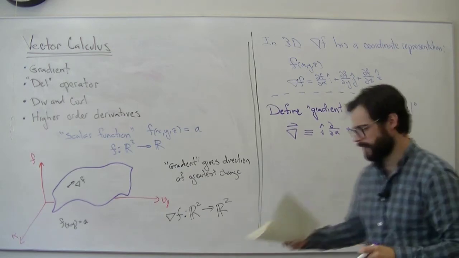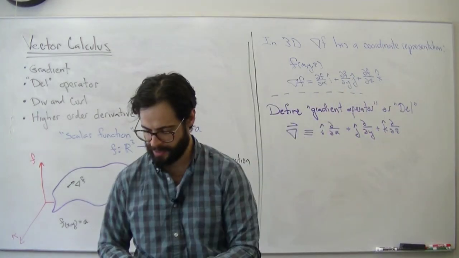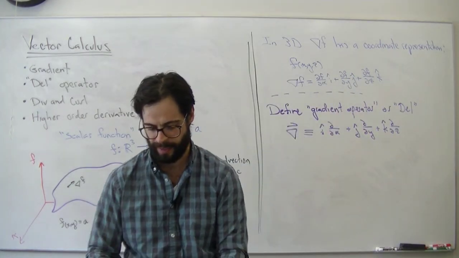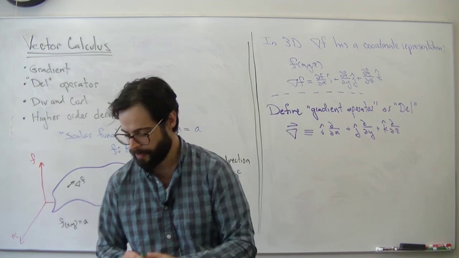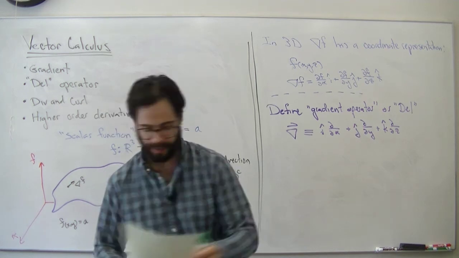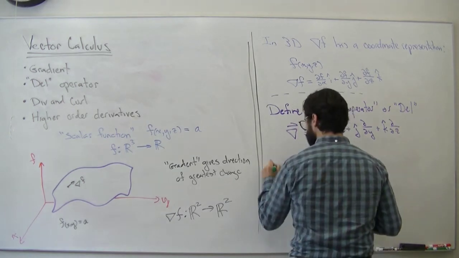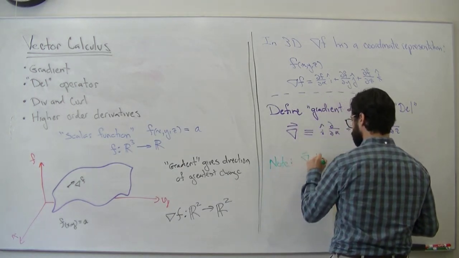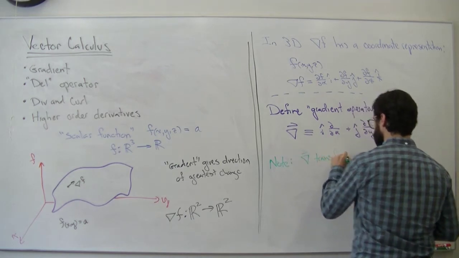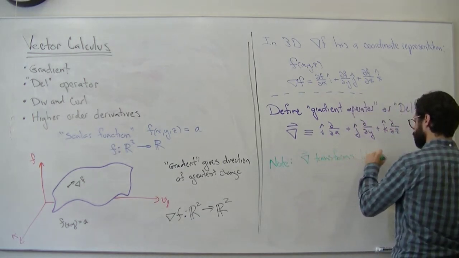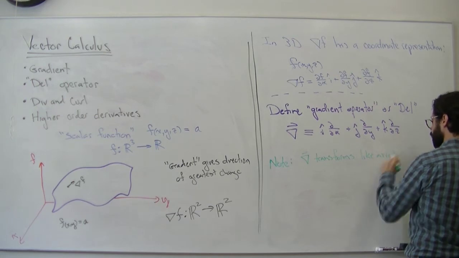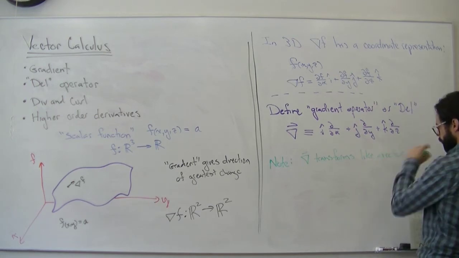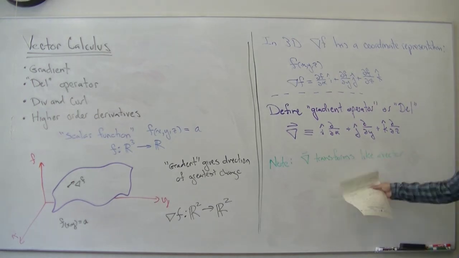And as a bit of a side note, this is why it's a vector: it transforms like a vector. So remember, that's our new definition of what a vector is. So it transforms properly. Again, we haven't done reflections, but that's pretty easy, so I'll just do this with rotations.